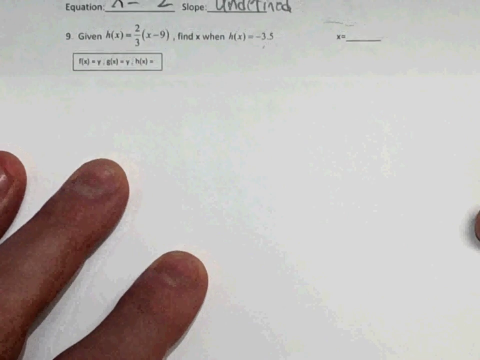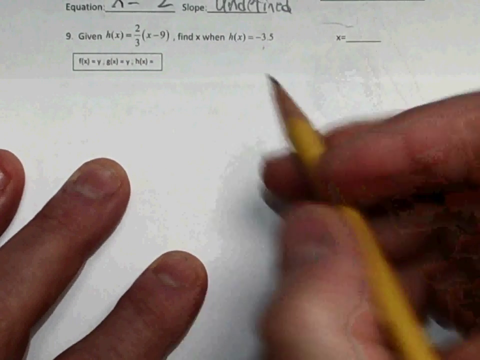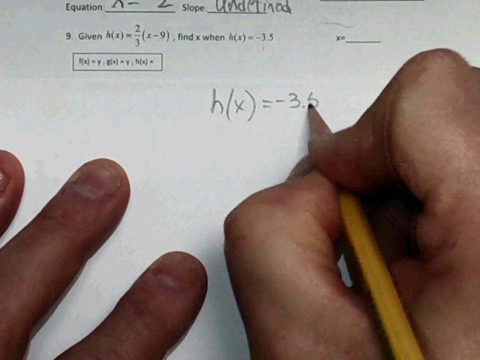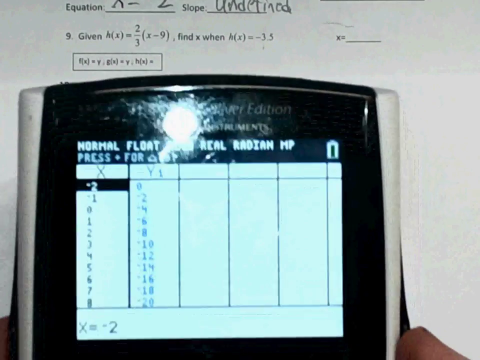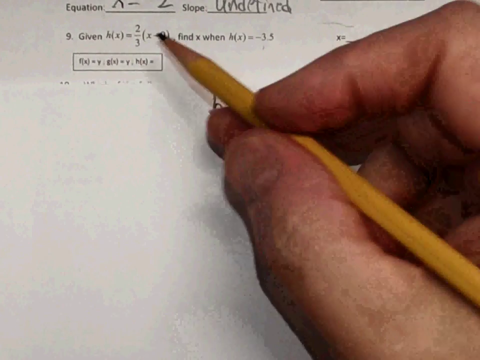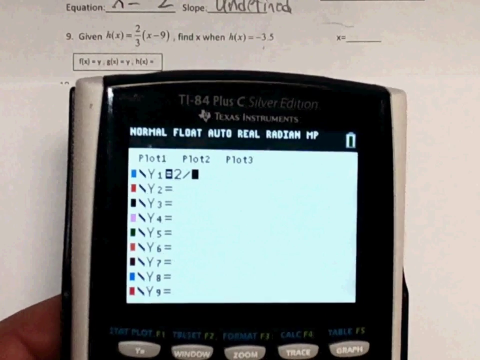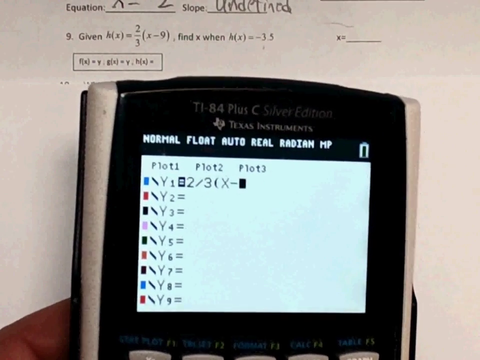Next problem. Given this, find x whenever h of x is equal to -3.5. Now, if we grab our calculator on this problem, we're going to run into a little issue. Let's see what we have. Because we have an equation, we can put it in our calculator. So let's do 2/3, and then x minus 9.